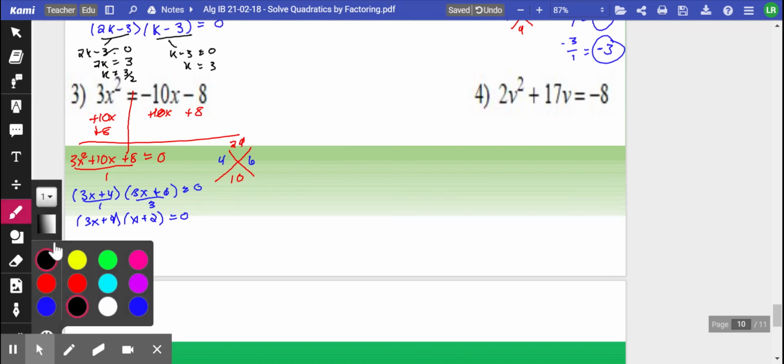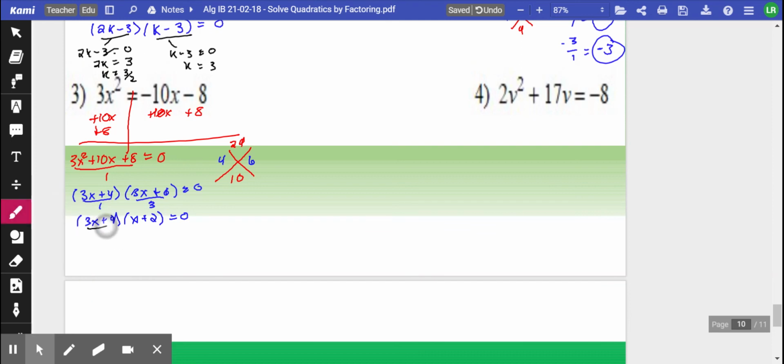From here, I'm going to solve. So for this one, 3x plus 4 equals 0, minus 4 on both sides, I get negative 4. Divide by 3, I get negative 4/3. The second one, x plus 2 equals 0, minus 2 on both sides, and I get negative 2. So those are my two solutions.